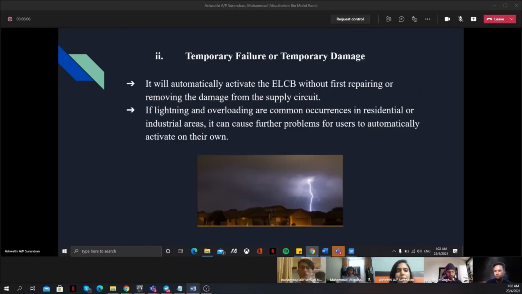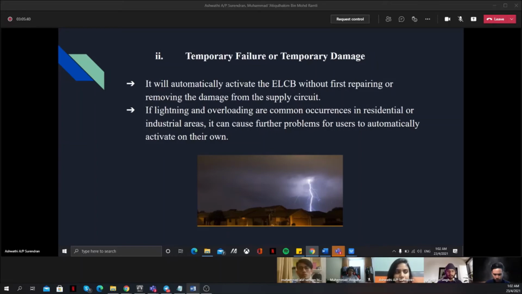Next we have temporary failure or temporary damage, which will automatically activate the ELCB without first repairing or removing the damage from the supply circuit. Basically this is used in factories and so on. With a temporary failure, you do not need to remove the device that is causing the current to leak.